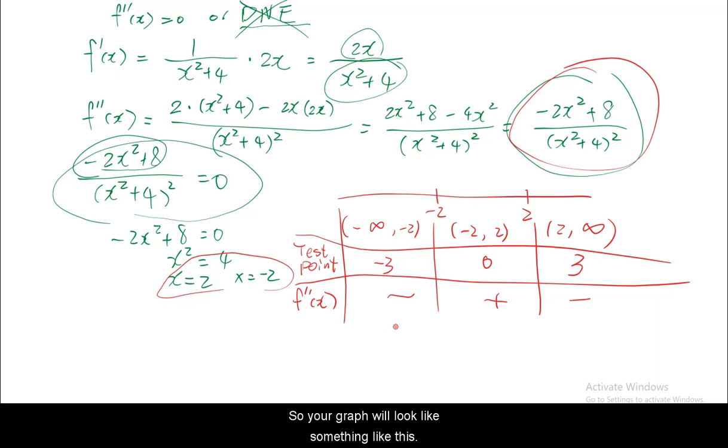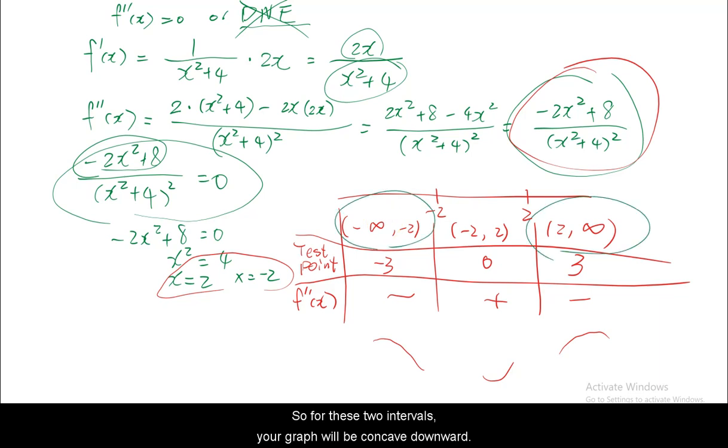So your graph will look something like this: concave down, concave up, and then concave down, right? So for these two intervals, your graph will be concave downward, and in the interval of negative 2 to 2, your graph will be concave upward.